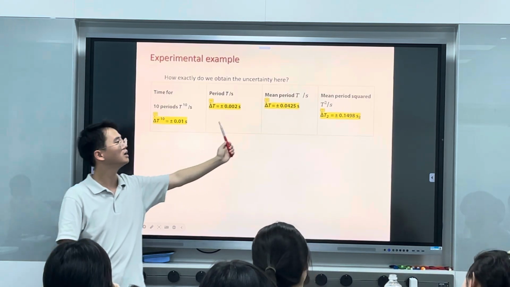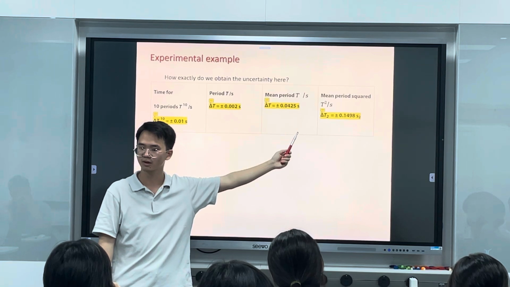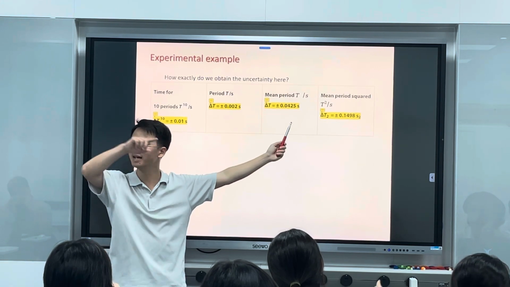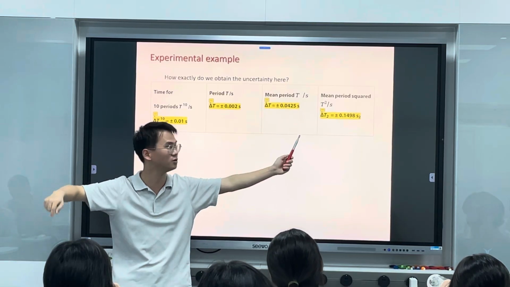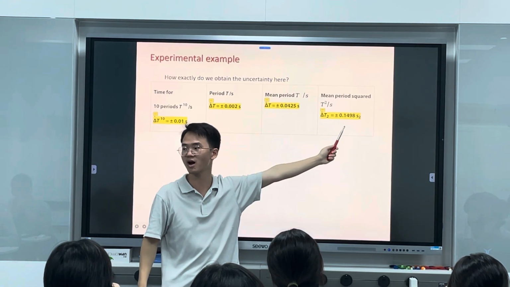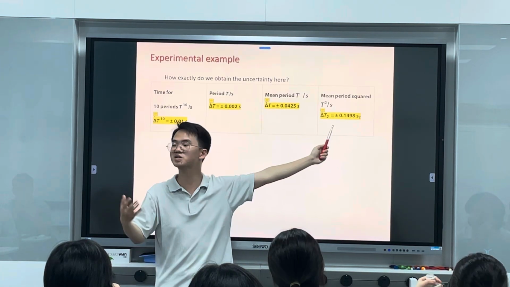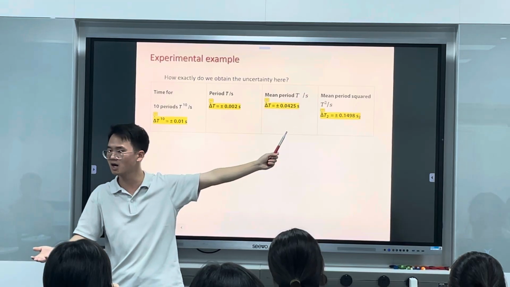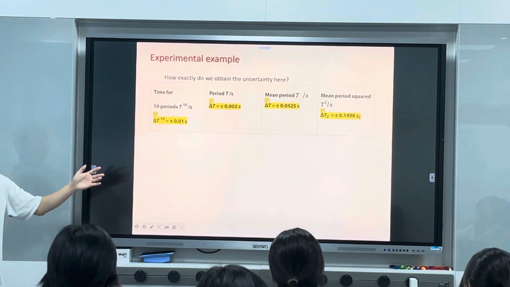Okay? How do we get this 0.0425? You use a set of data, so you should use maximum minus minimum divided by 2. And how do we finally get this period squared uncertainty? Use the uncertainty propagation formula to get that. All the steps clear? Yes. Okay.